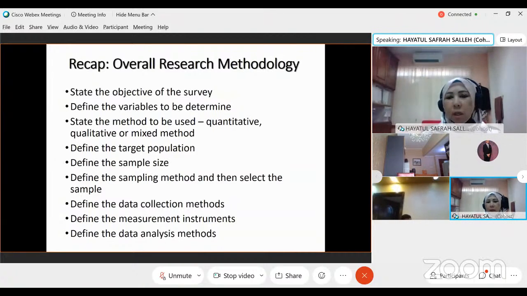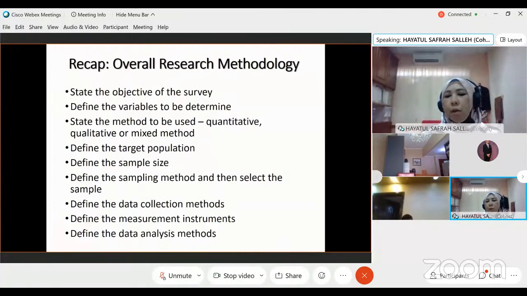Students in the universities in all Malaysia, because we have a lot of universities in Malaysia. You can say that universities are your population, and also define the sample size. Who are the samples for your study? Define the sampling method, then select the samples, and then define the data collection methods. What types of data collection do you want to use? We discussed that earlier as well. Define the measurement instrument.